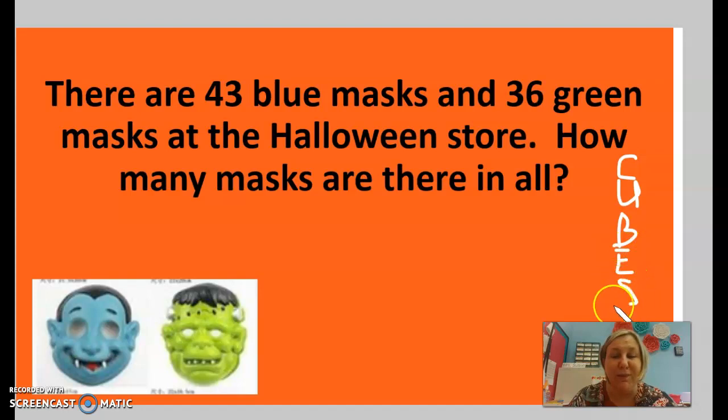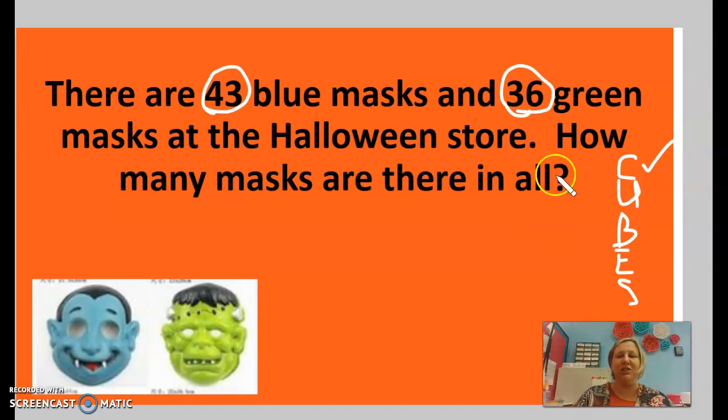My first step is to circle the numbers. So there are 43 blue masks and 36 green masks. I'm going to keep on reading to see if I come across any more numbers. At the Halloween store, how many masks are there in all? Boom! Done. Check.